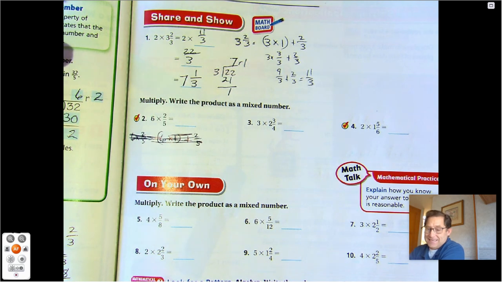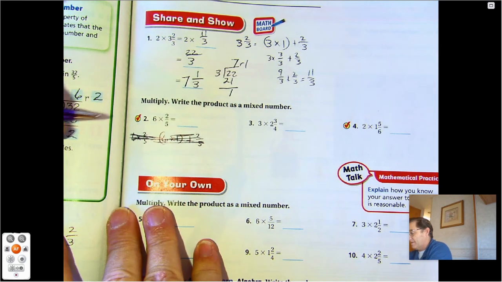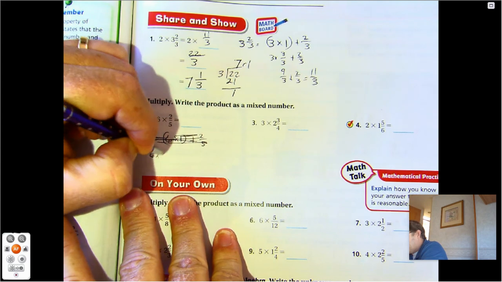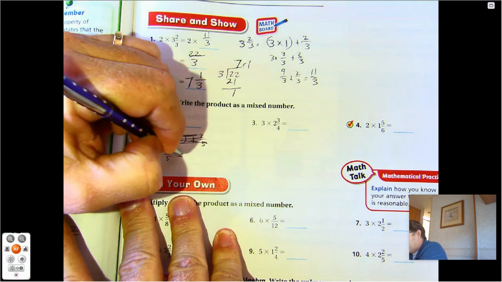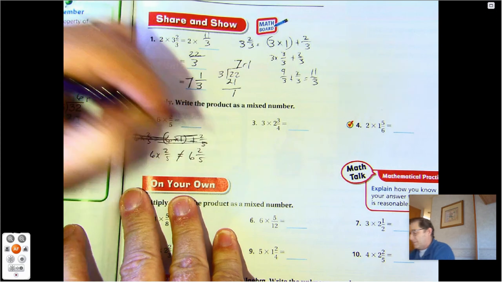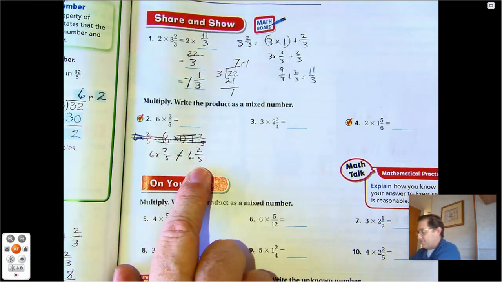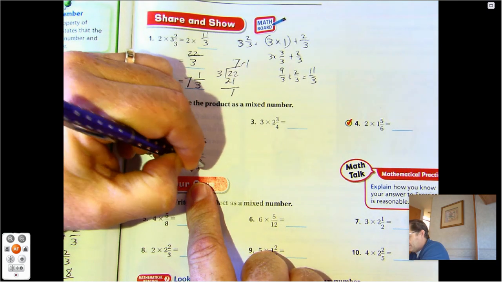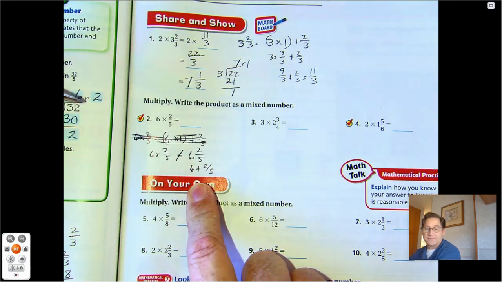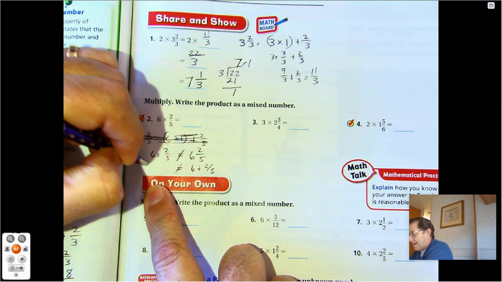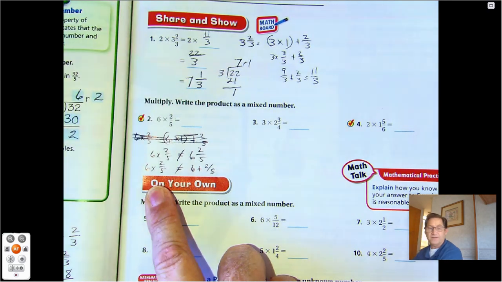I don't have 6 2/5. I have 6 sets of 2/5. Let me explain. These two things are not the same. This means 6 plus 2/5. So not 6 times 2/5.